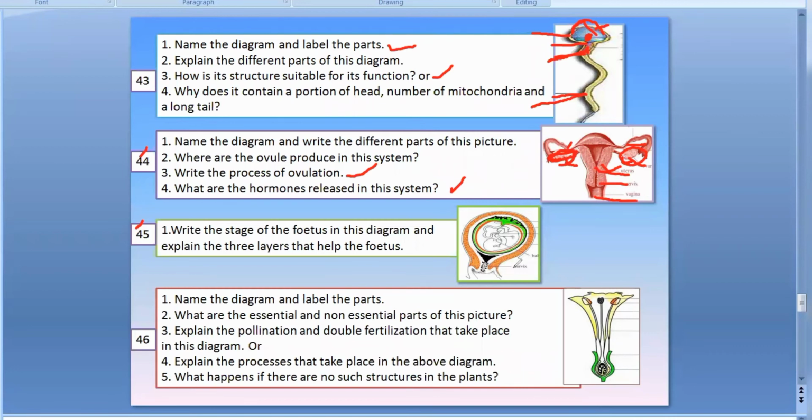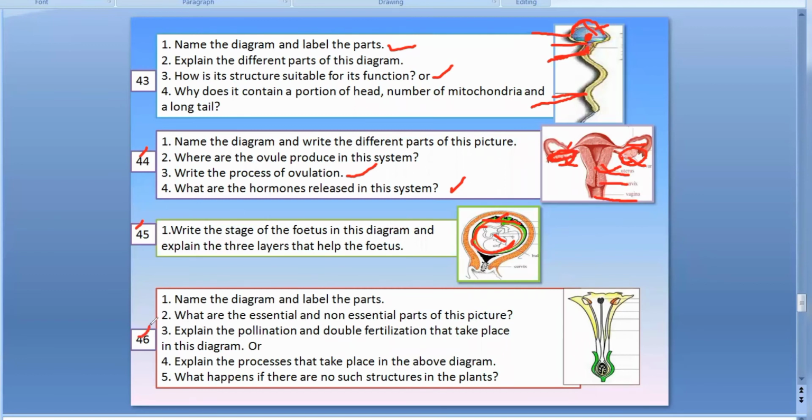The amnion holds the amniotic fluid, which protects against mechanical shocks and jerks. The chorion is the surrounding tissue between mother and fetus, and the umbilical cord is connected to the abdomen of the fetus and supplies nutrients from mother to fetus.